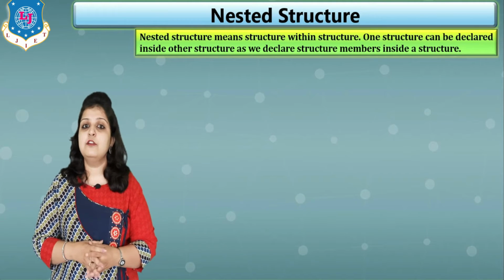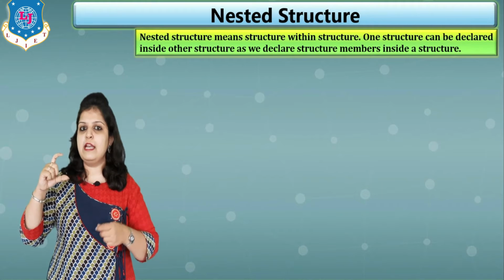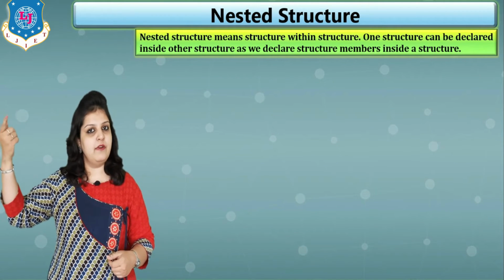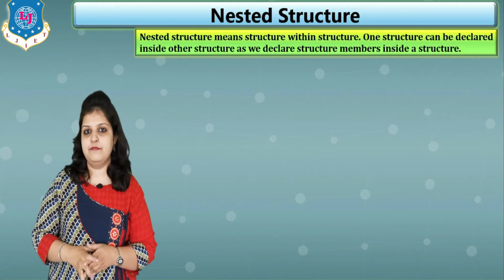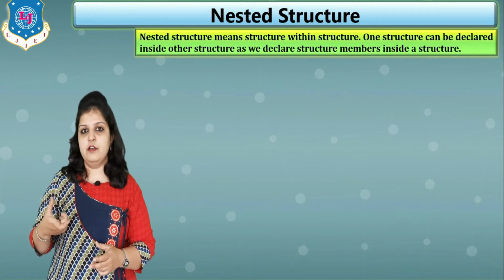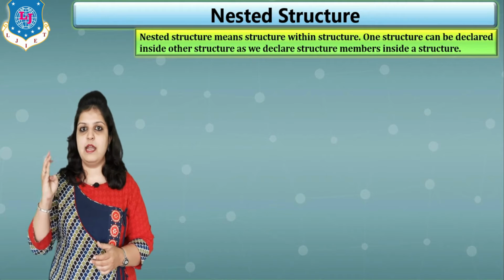The advantage of a nested structure is that one structure which we have to define only once can be used multiple times in different structures. How? Suppose date of birth. For date of birth we require 3 members: date, month and year.